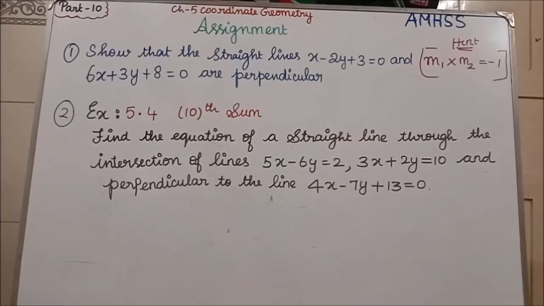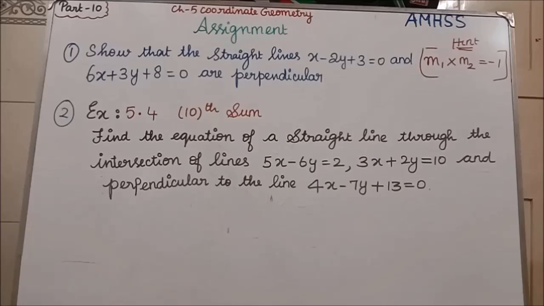The second question is in exercise 5.4, the 10th question. You are going to do it like the exercise 5.4, 9th question model only. If you see in the 9th question, in the last line, they have given parallel to the line. But in your assignment problem, the last line is what? Perpendicular to the line they have given. So that only will differ; the full concept remaining is the same.